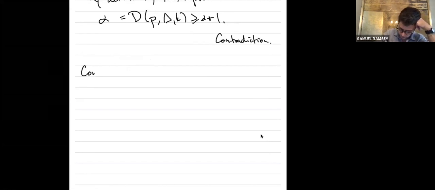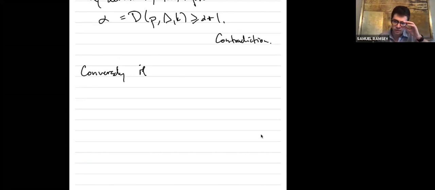So conversely, how does one say this? So what I want to say now is the converse, that if you have an extension and the rank goes down, then you have to divide. So let's prove that now.